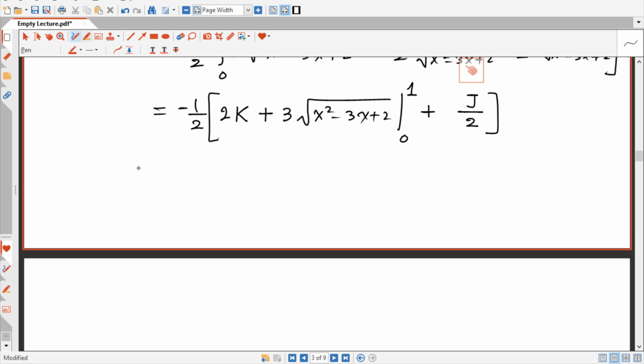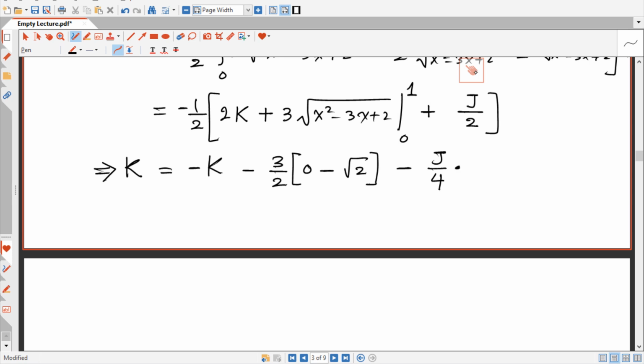Okay, and so basically k is equal to minus k minus 3 over 2. If you evaluate at 1, that's going to give us 0. Minus, if we evaluate at 0, that's going to give us the square root of 2, plus or minus j over 4.